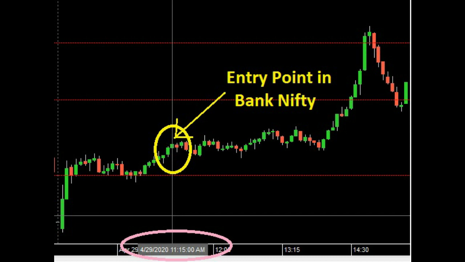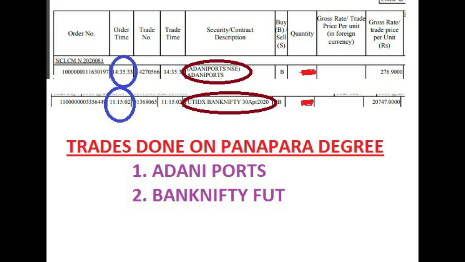And Adani Ports we have shown in the cash segment. On the next slide we can see the contract also, which indicates the time, second and entry price. So we can cross check with the NSE also whether it is true or not.